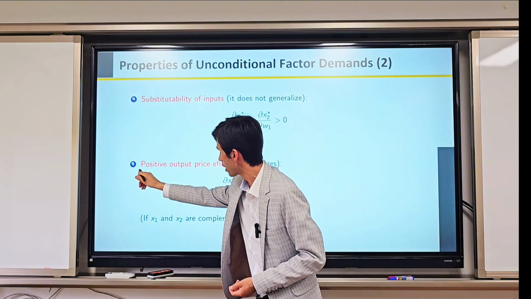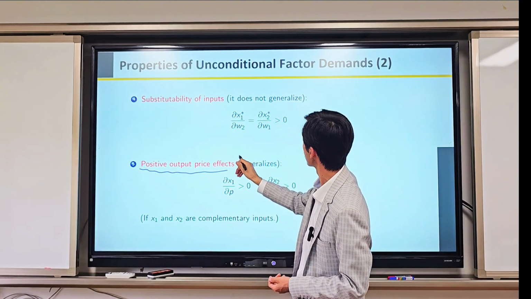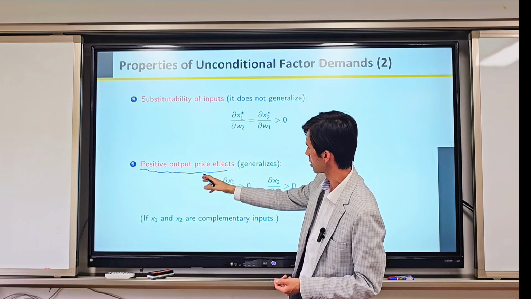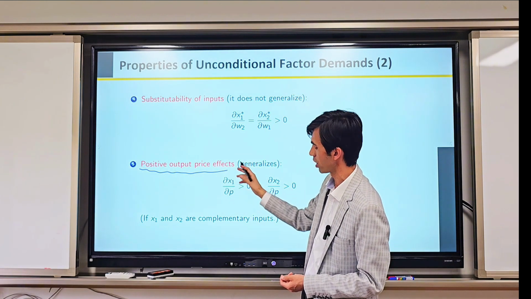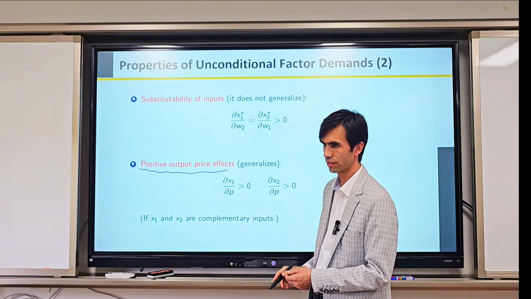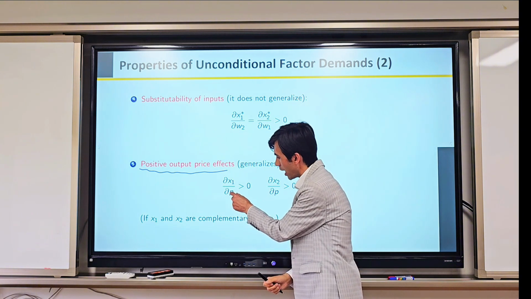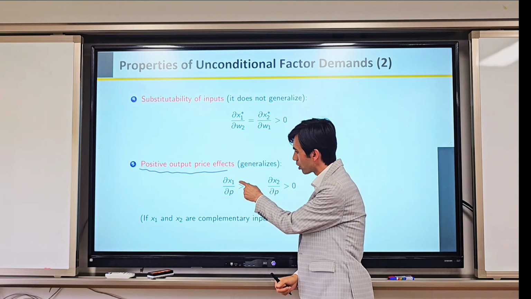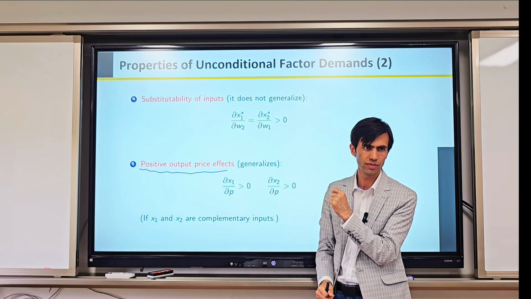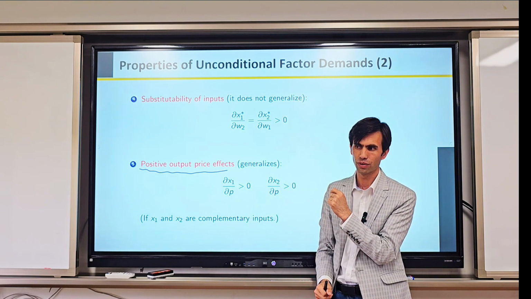And also, the next property of the unconditional factor demand function is this one, which is the positive output price effect. What does it mean? If the price of output increases, the demand for input increases. Why? What do you think?